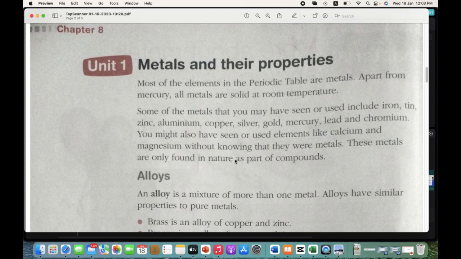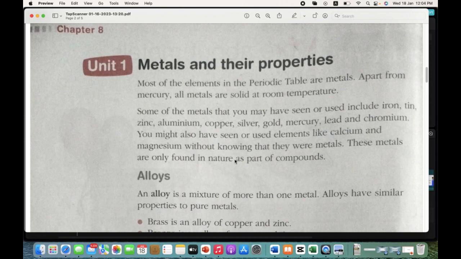Apart from the transition metals, we have the group 1 metals and the group 2 metals. Group 1 metals include lithium, sodium, potassium, and so on. Group 2 metals include beryllium, magnesium, and so on.